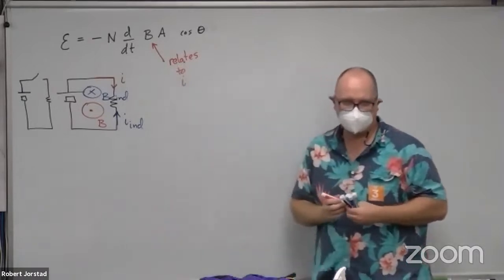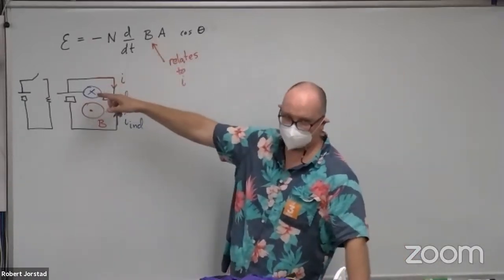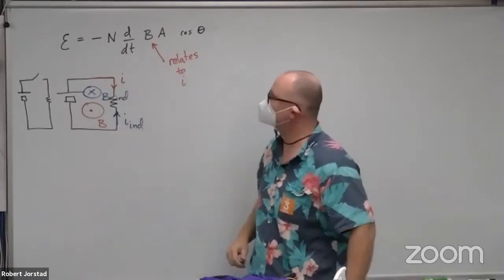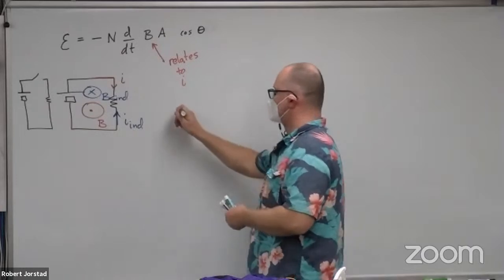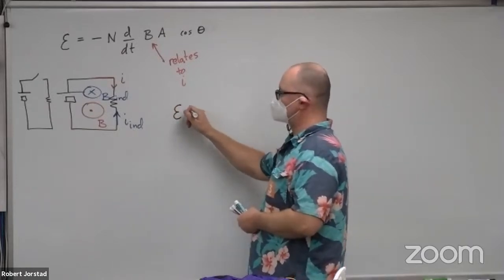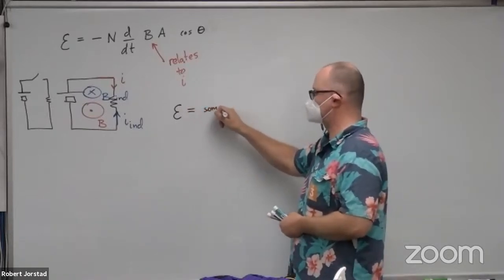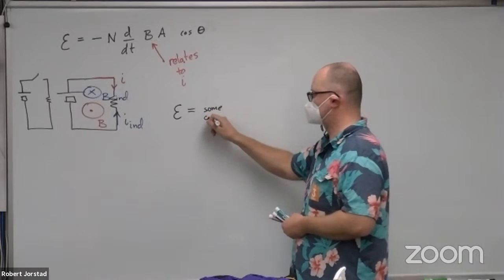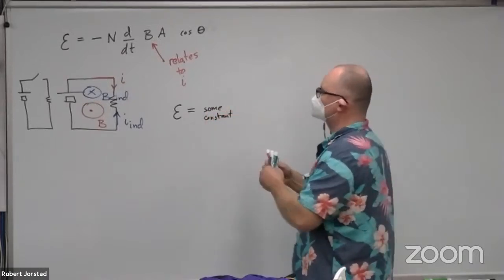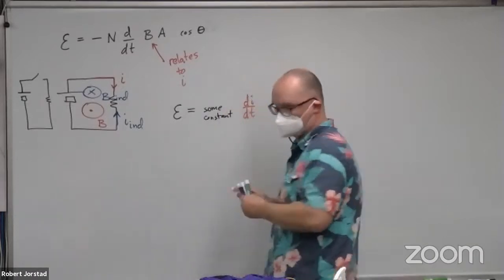Do you agree that this B field that's going to cause the induced EMF should relate to the current? So my claim is that there's going to be an induced voltage which is equal to some constant times dI/dt. That is my claim.